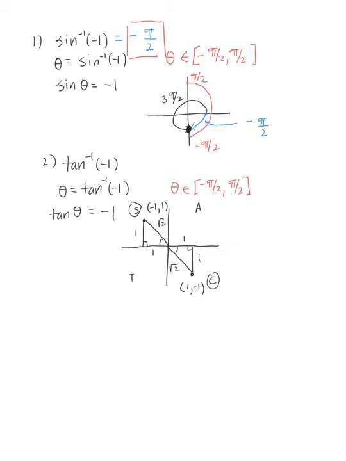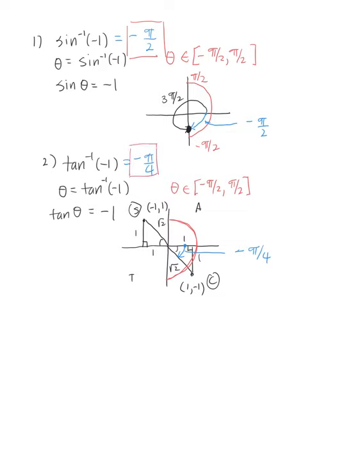But again, your angle has to be from -pi/2 to pi/2, so it will be this angle starting from the positive x-axis to here. So this would be -pi/4. So the answer to this will be -pi/4.